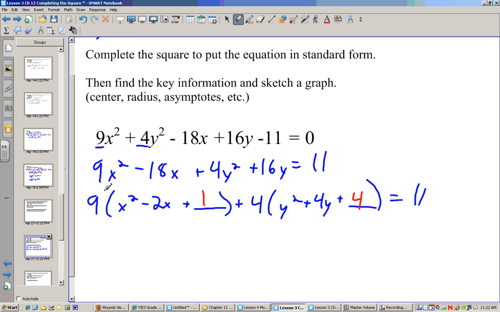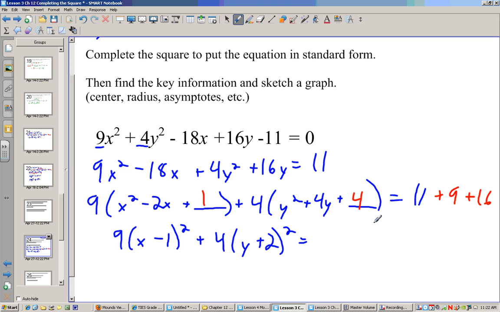So really what we're adding on this left side is a 9, and over here we're adding a 16. So now I'll have 9 times x minus 1 squared, this in perfect square form is y plus 2 squared, and the right-hand side is 36.